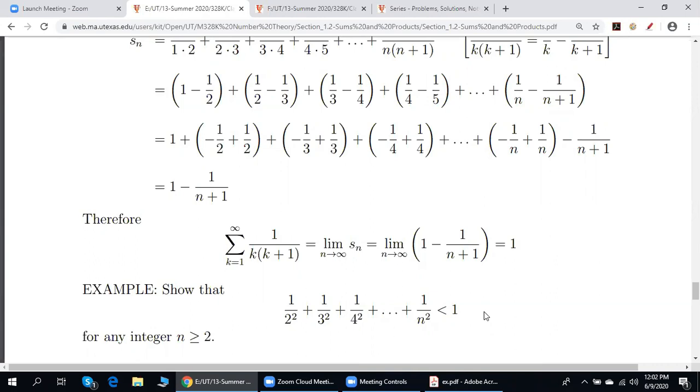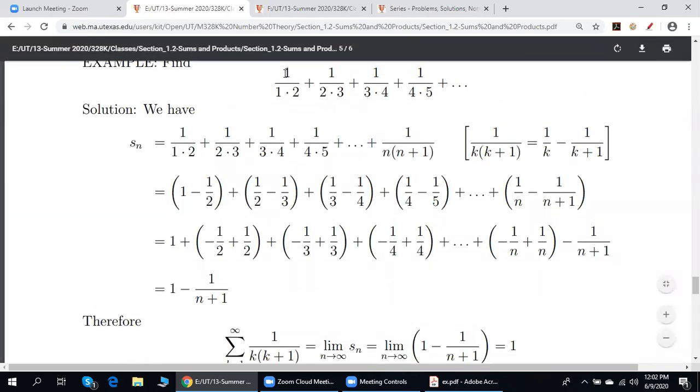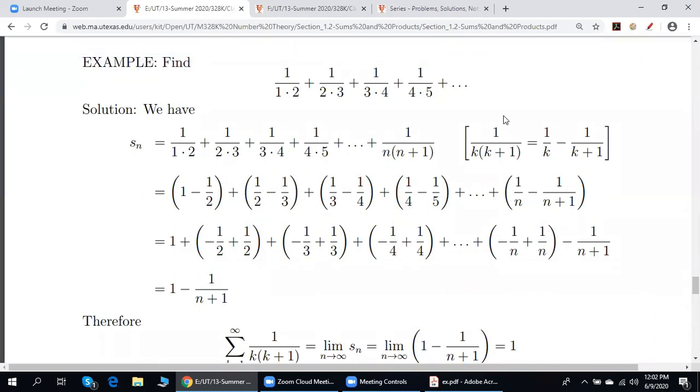Something that I would try, knowing that the previous series that we looked at, the 1 over 1 times 2 series, is equal to 1. We've already solved that. Something that we can notice is that the first term, 1 over 1 times 2, is actually greater than the first term in our sequence, 1 over 2 squared.